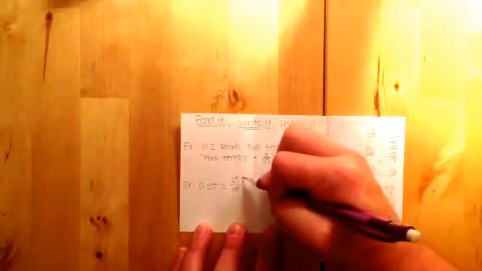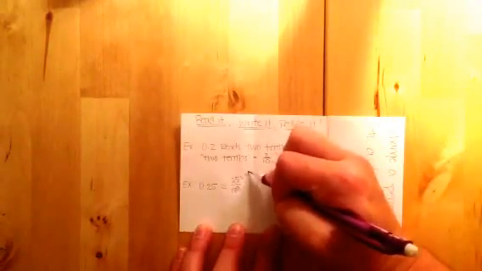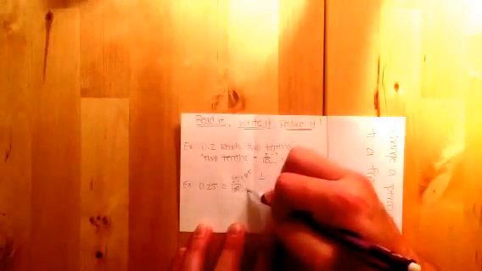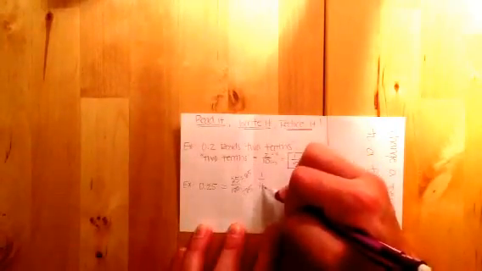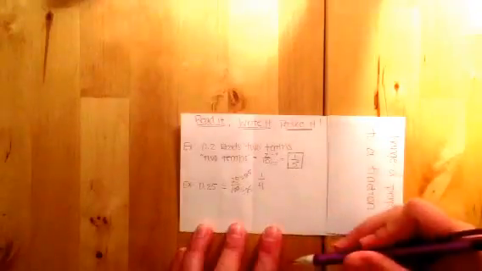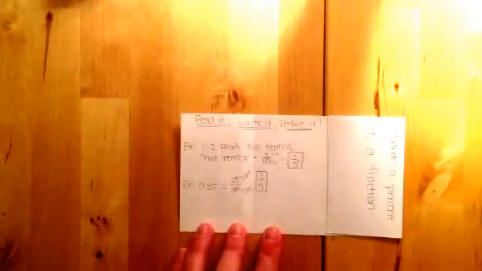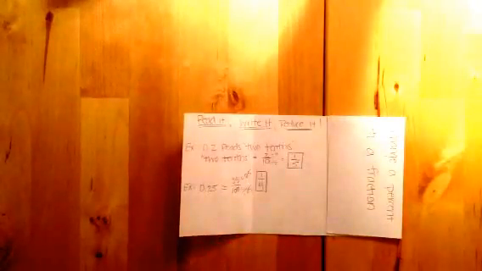Well, I can simplify by 5, but I'm going to go ahead and jump straight to the biggest thing I can simplify, which is 25. 25 divided by 25 is 1, and 100 divided by 25 is 4. So 0.25, read 25 hundredths, is the same thing as 1/4. You can go ahead and pause now if you need time to copy that.